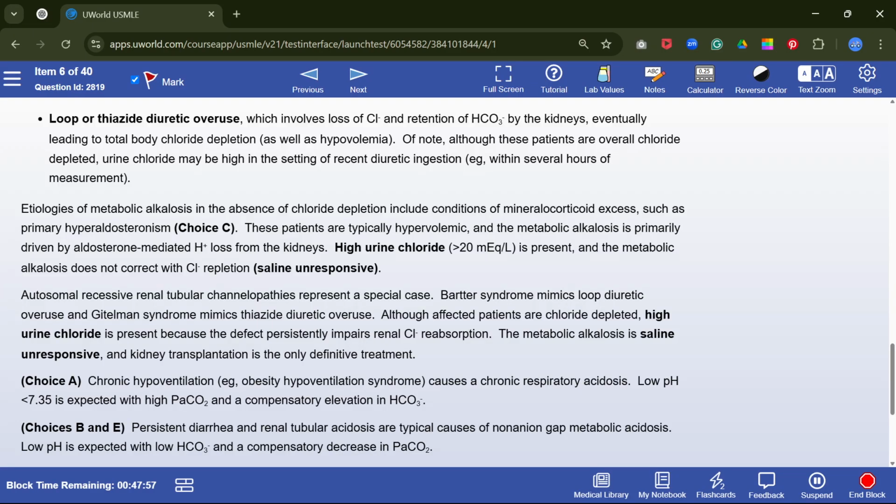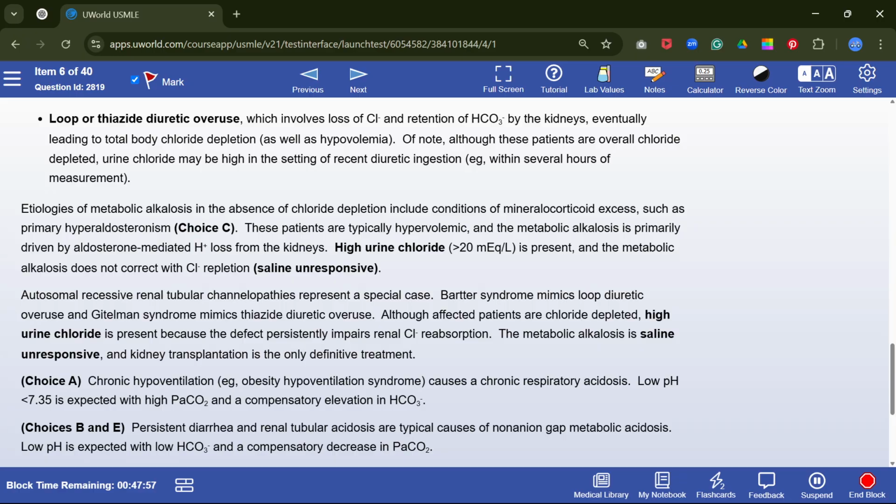Bartter blocks the sodium potassium 2 chloride channel in the loop of Henle.